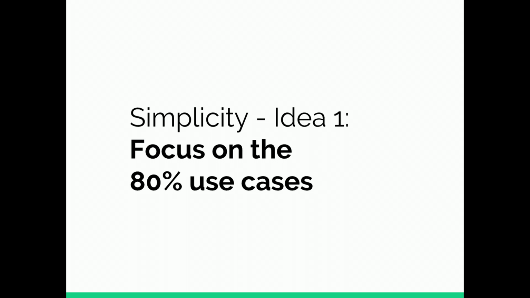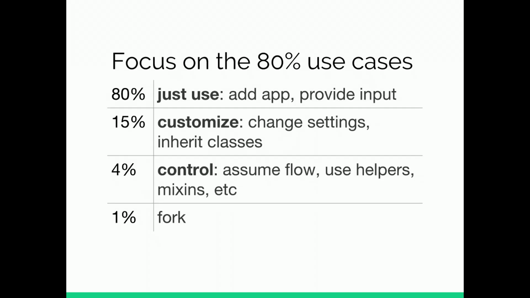The first idea about simplicity is to focus on the 80% use cases. We must not try to focus on all use cases, otherwise we'll have a very complex API for our app. We need to focus on the top ones and think about the other 20% later. We'll see how.